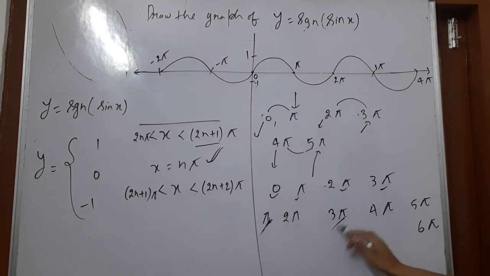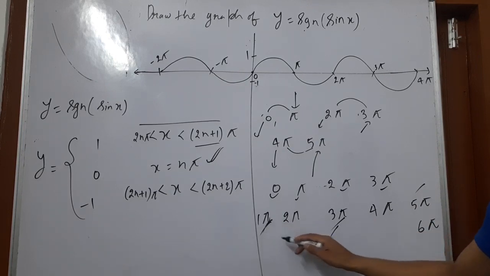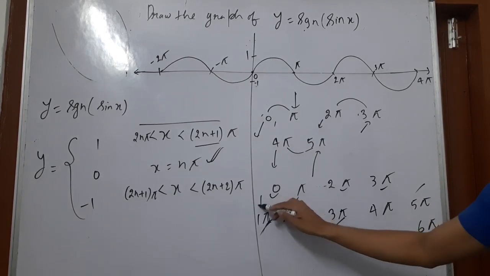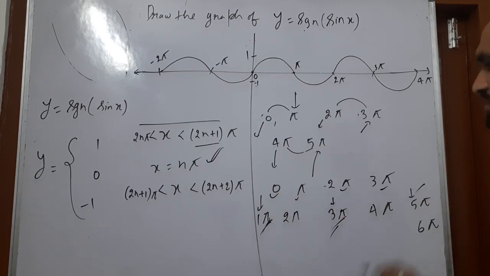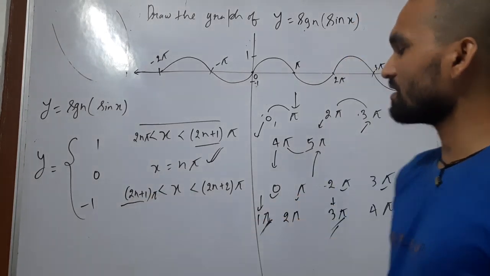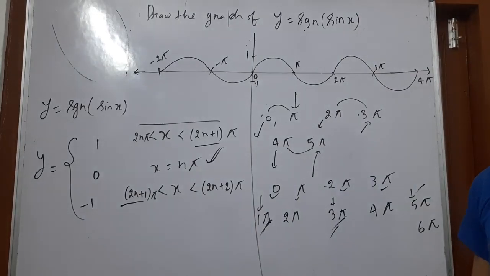So pi, 3 pi, 5 pi. The general form of 1 pi, 3 pi, that is 1, 3, 5, is 2n plus 1, because 1, 3 and 5 are odd numbers.